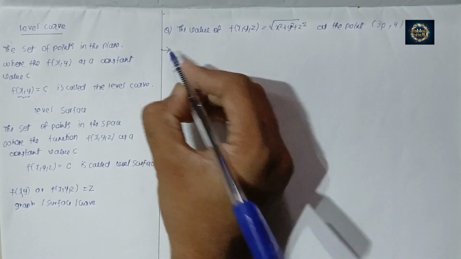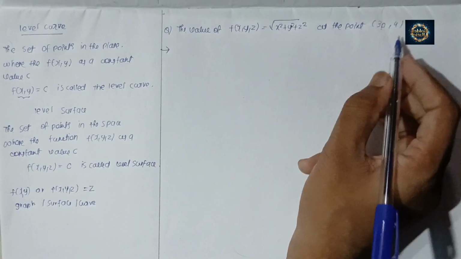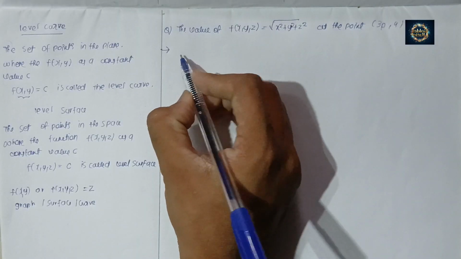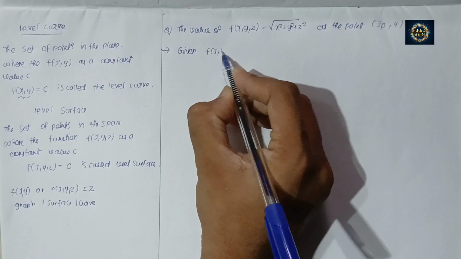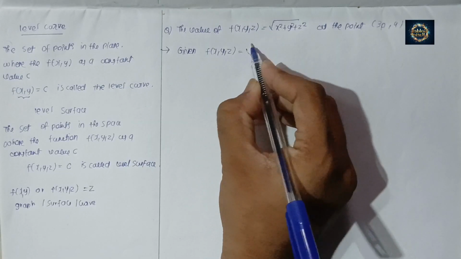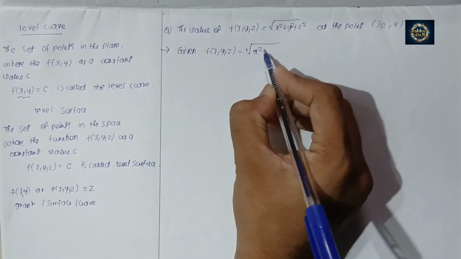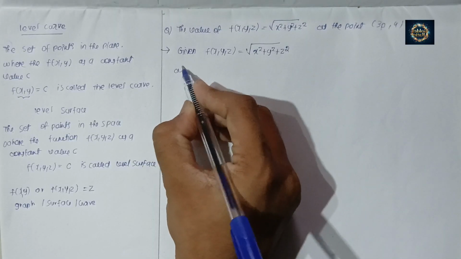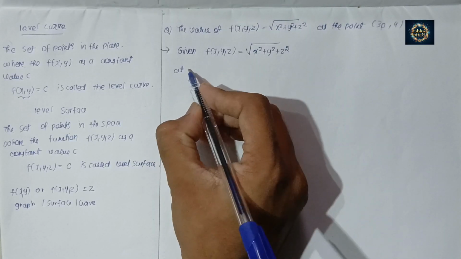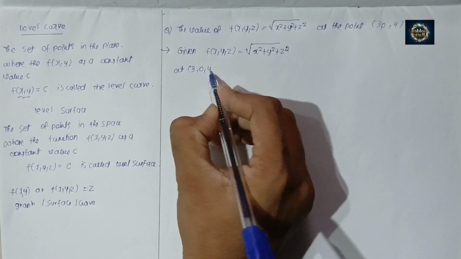We need to find the value of this function at this point. So we will start with the solution. They have given f of x, y, z, which is the square root of x square plus y square plus z square. We need to find the value at 3, 0, 4.